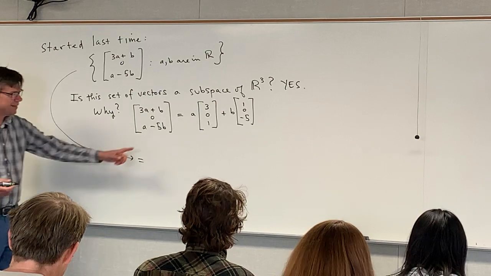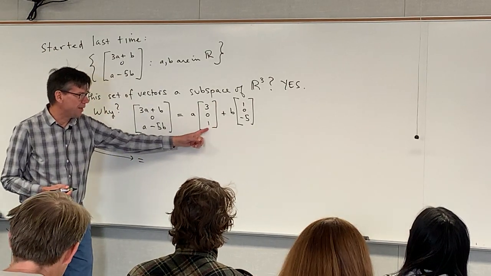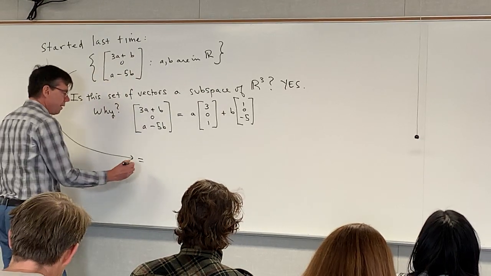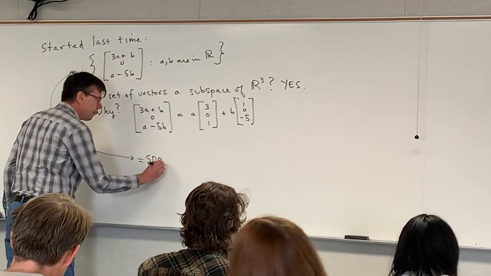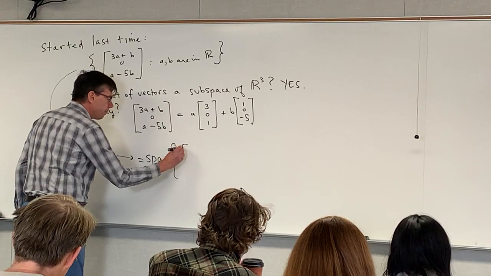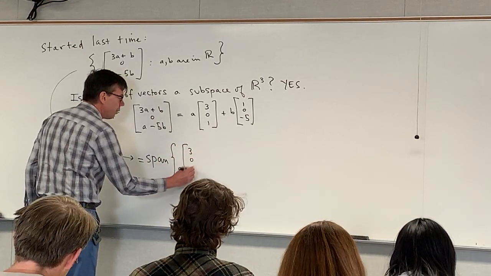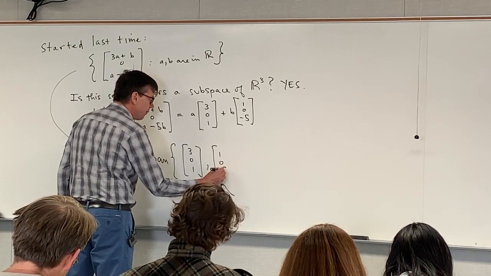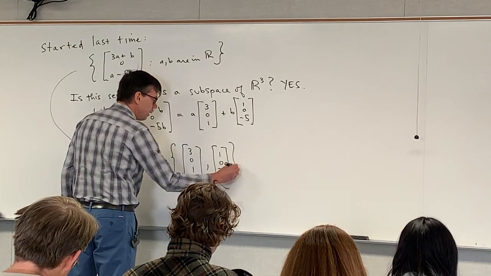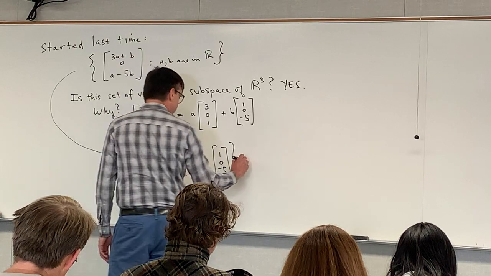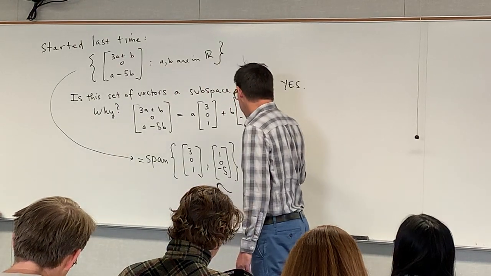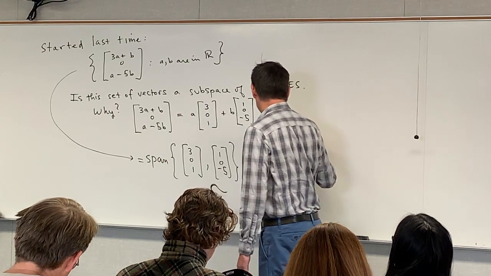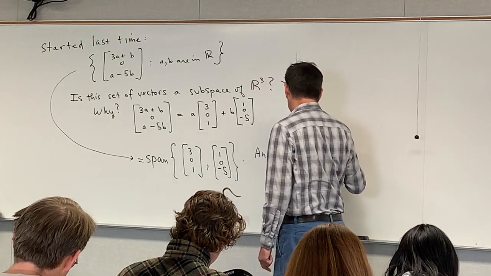It's all linear combinations of (3, 0, 1) and (1, 0, -5). And we have a theorem that any span is a subspace.